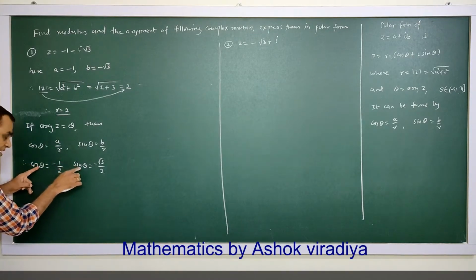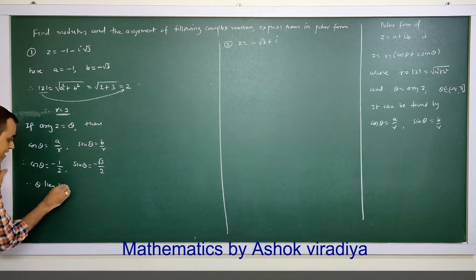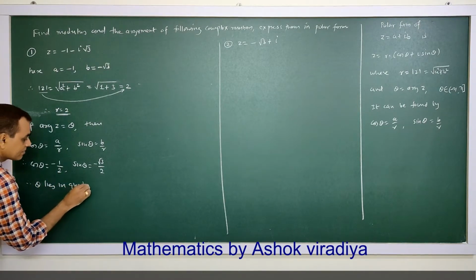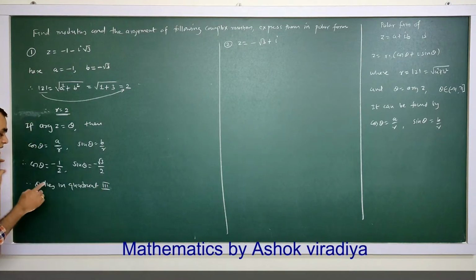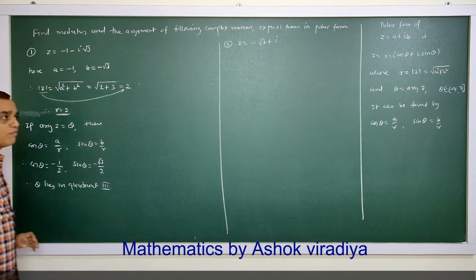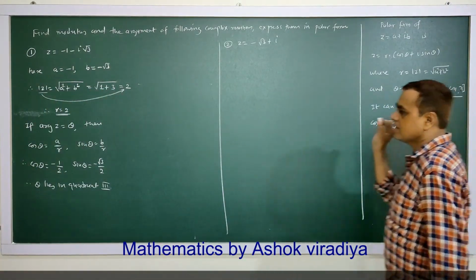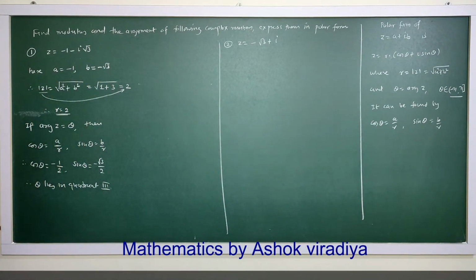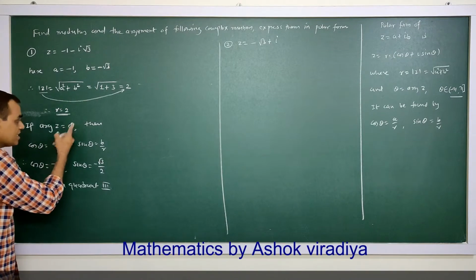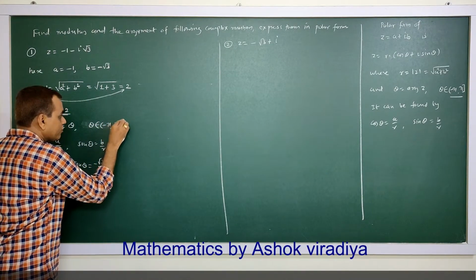So cos is negative, sin is negative, so theta lies in quadrant 3. And it should be from minus pi to pi.